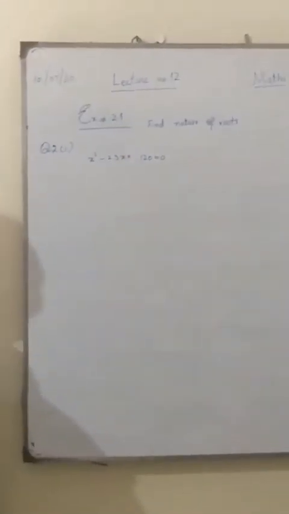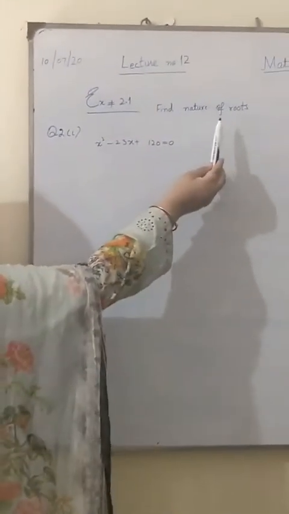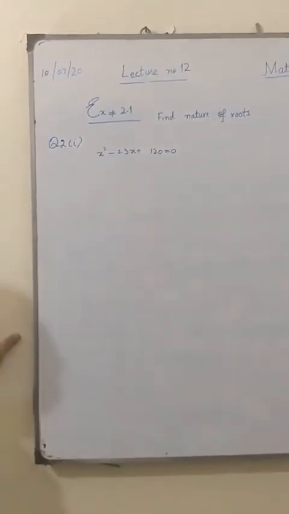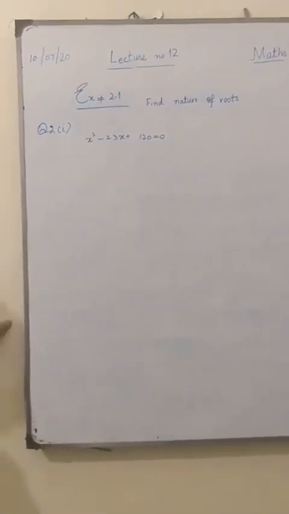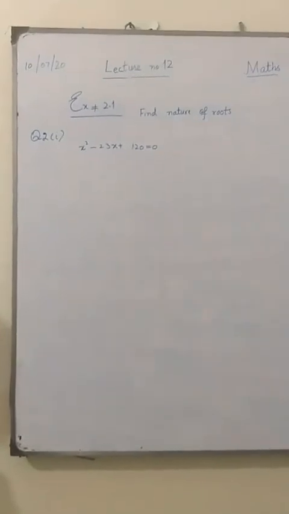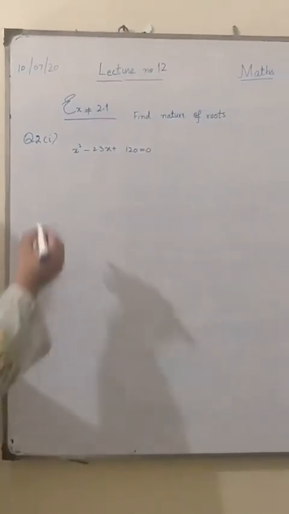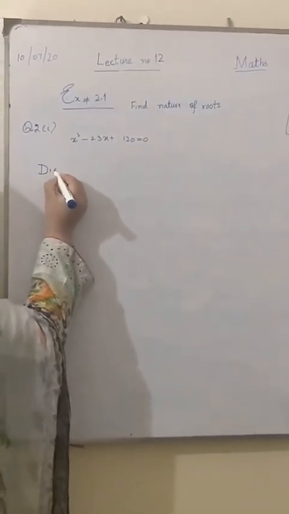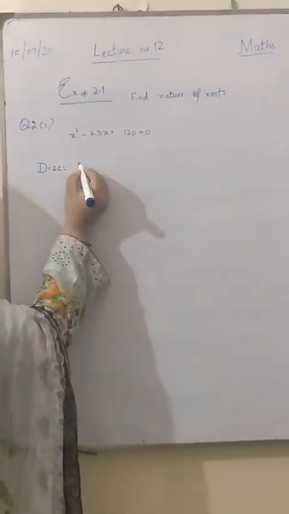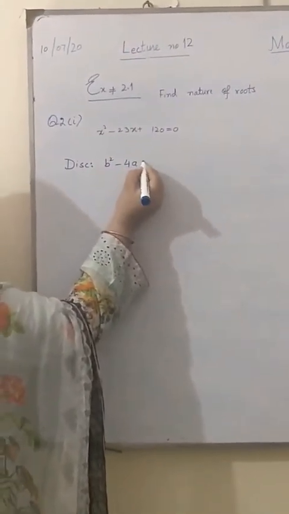Now we are going to start question number 2. X square minus 23x plus 120 is equal to 0. The question is to find the nature of the roots of this quadratic equation. The first thing is, to find the nature of the roots, you have to find the discriminant. I have told you that discriminant is equal to b square minus 4ac.